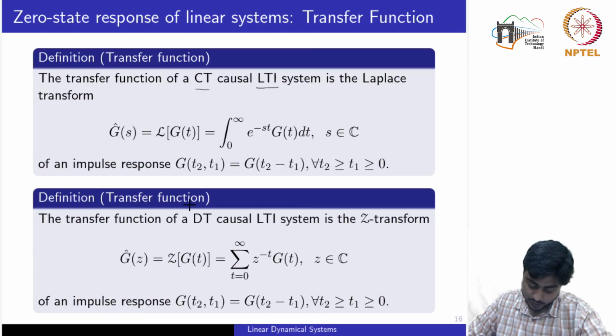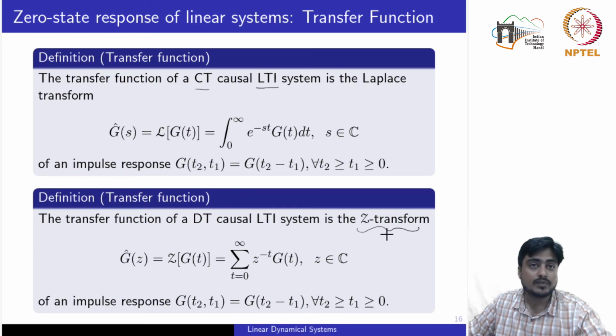Similarly, in the discrete time domain, we would take the z transform, and the transfer function g hat of z is defined by this summation over n, where t1 and t2 are integers and z again is a complex number.